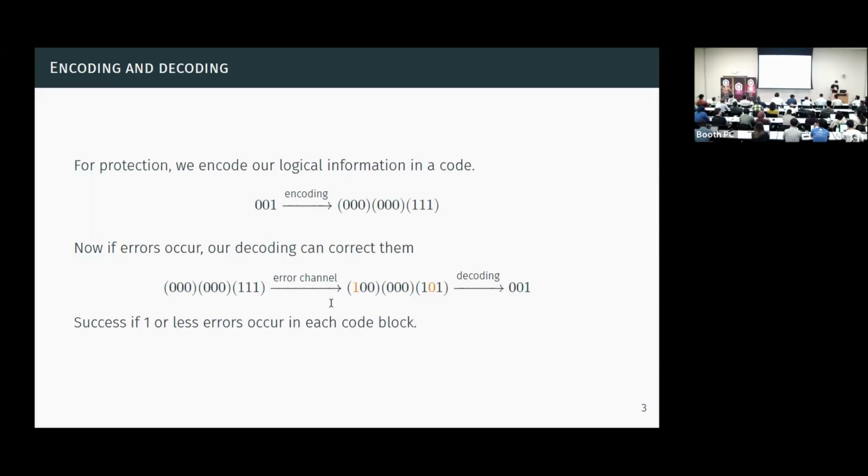Indeed, when we do the decoding by doing a majority vote in each block, then we have successfully transmitted our logical information over the network, or over the error channel, if only 1 or fewer errors occurred in each block.